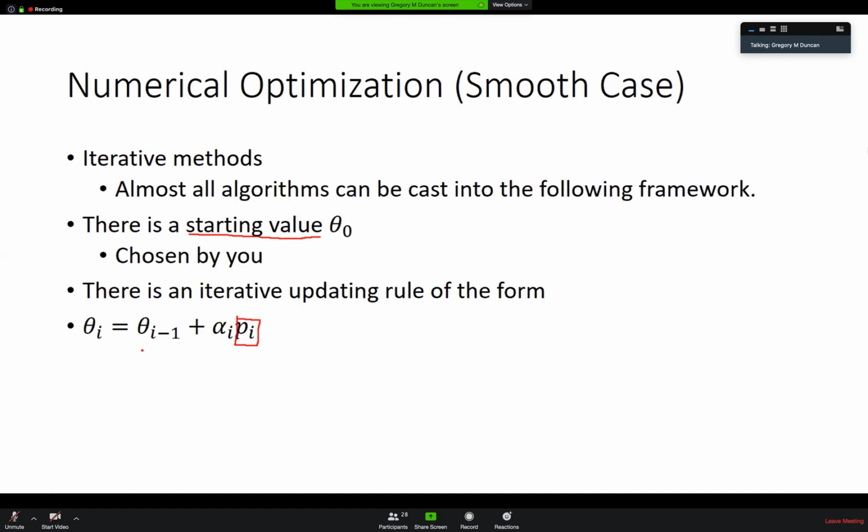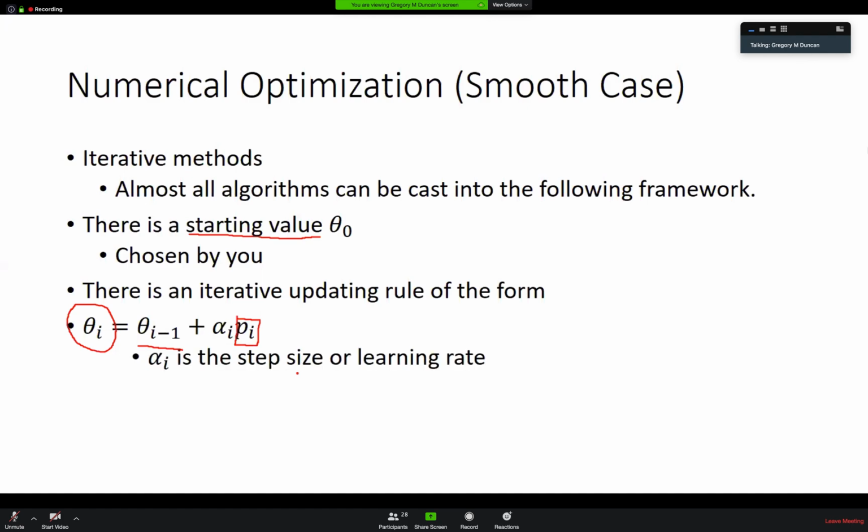What this says is we're going to start at theta i minus 1, go in the direction p_i, go a distance alpha, and that's going to be our new theta. Then we're going to update i, and repeat this again and again. I'll give you a visual of this in a minute.